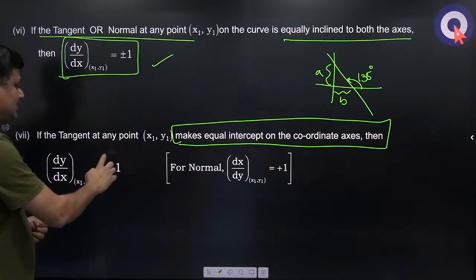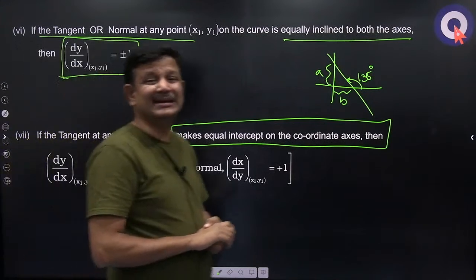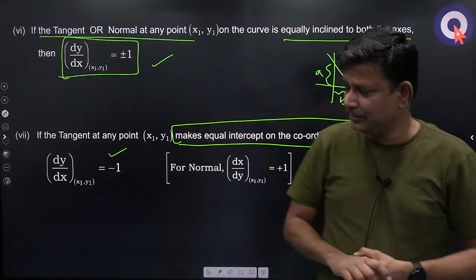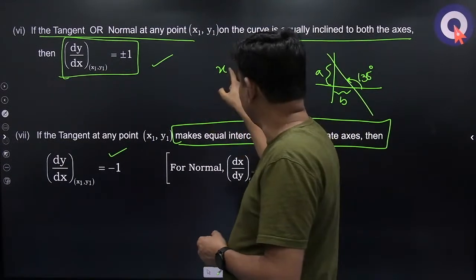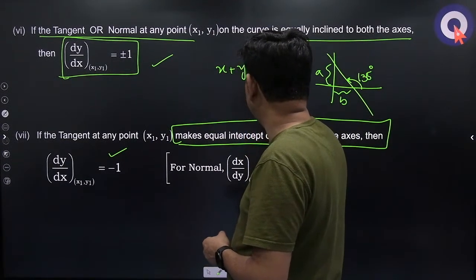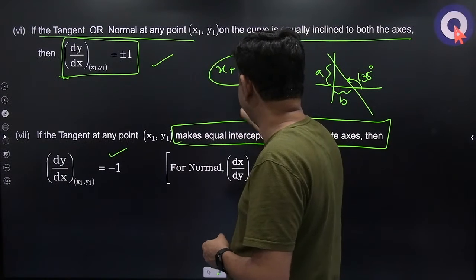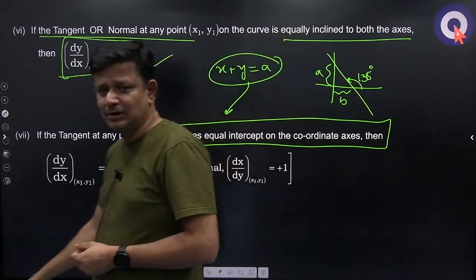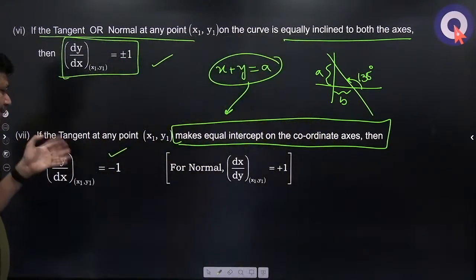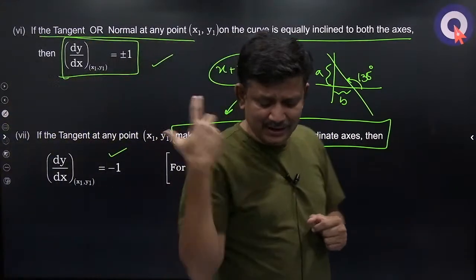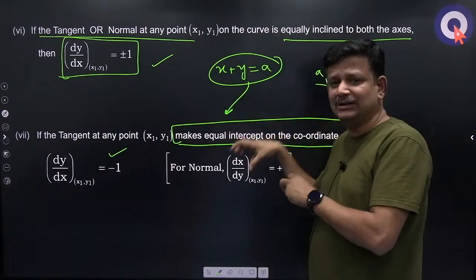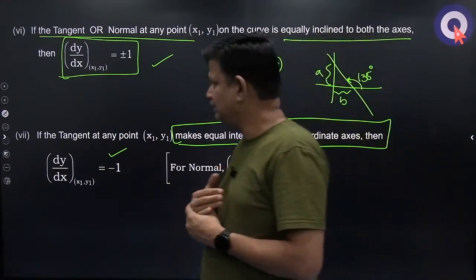That means the slope of the line should be minus 1. Or in the intercept form, x by a plus y by b, a and b are both the same, so the slope of the line will be minus 1. So these are some things which you have to do very quickly, but let's convert the English given into a mathematical statement.